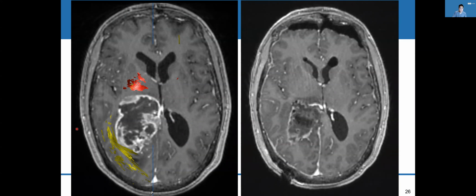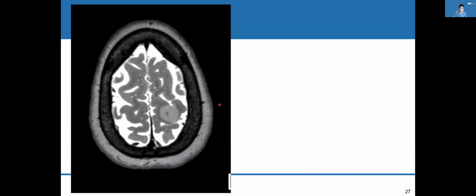We were able to do subcortical stimulation mapping through that corridor, and then we were able to get a gross total resection and came within 2 to 3 millimeters of the corticospinal tracts, or the white matter that is responsible for transmitting motor signals. And this is one of my patients where we performed this, and we were able to achieve a gross total resection in a very delicate location.